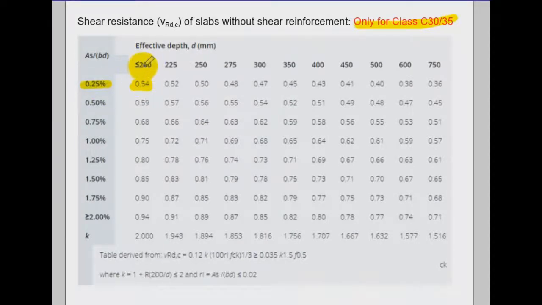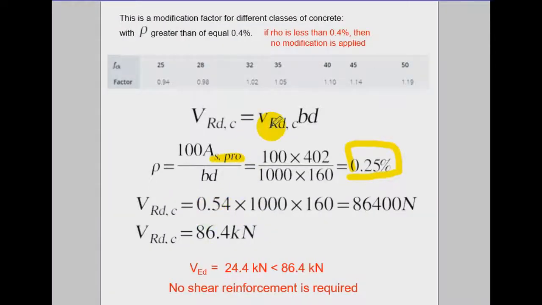So it is less than, definitely our d is 190, h is less than 200. Simply take the stress, which is 0.54, times b times d. It will give you this value in Newtons, and then just divide it by 1000, you get this value. This is way less than the shear resistance of that cross section. No shear reinforcement is required.